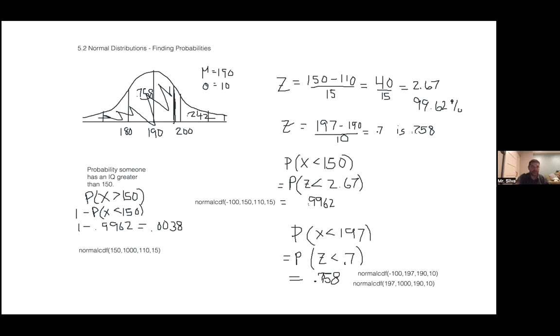Again, the earlier one should give us 0.758, the area to the left of 197, and this one should give us the area to the right. Let me be sure: 1 minus 0.758, 0.242. Yep. Equals 0.242.